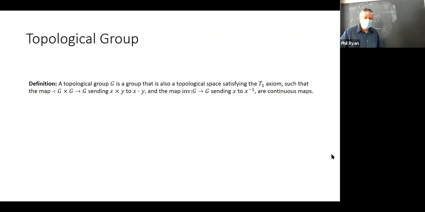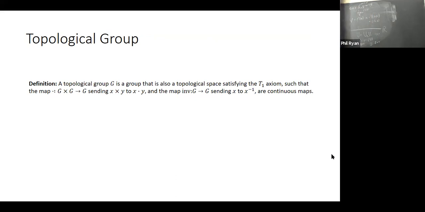Okay. And so just to set it up for the next class, I want to talk a little bit about topological groups. So a topological group is a group that's also a topological space, but it's got to satisfy the T1 axiom.